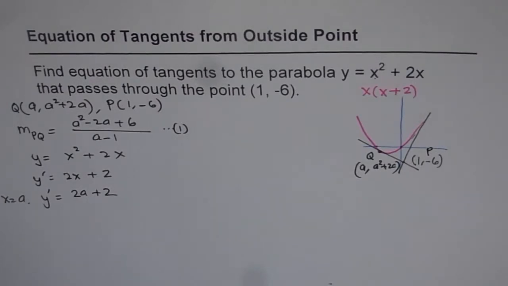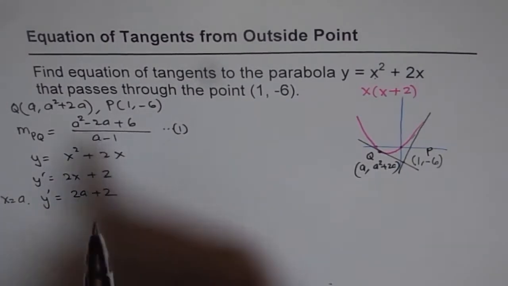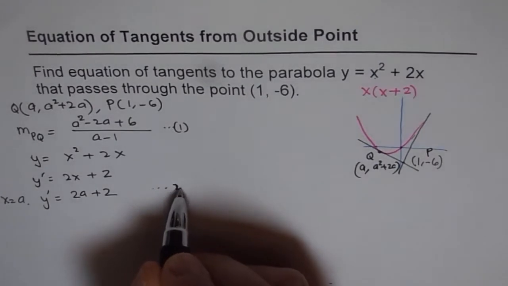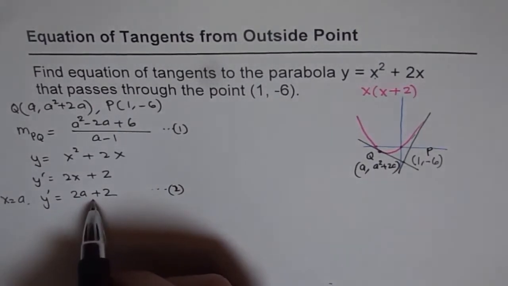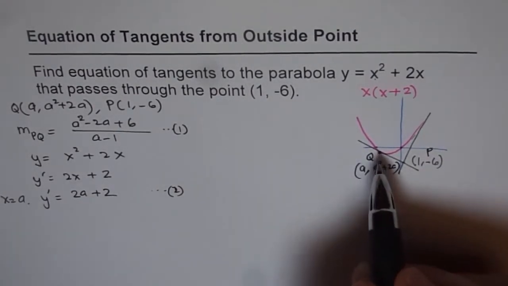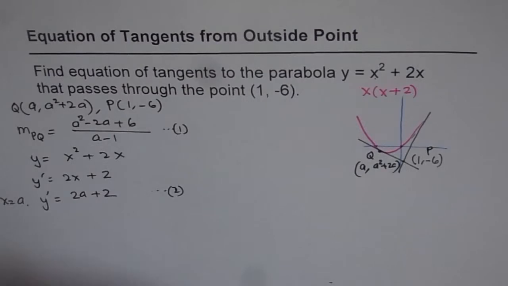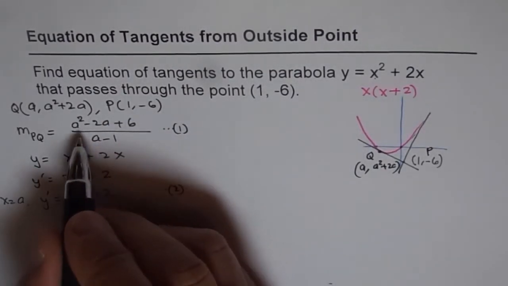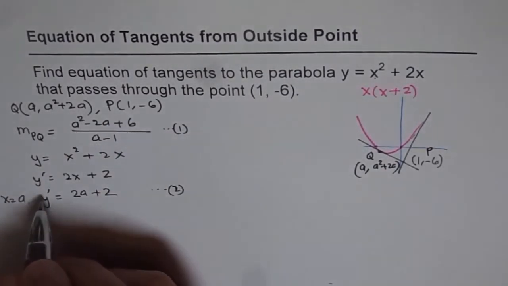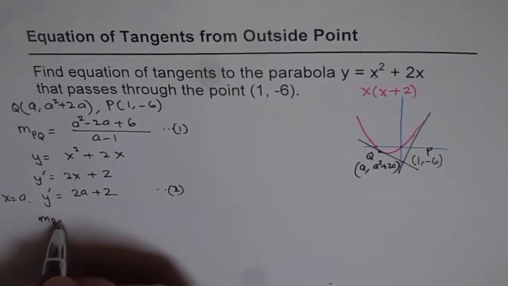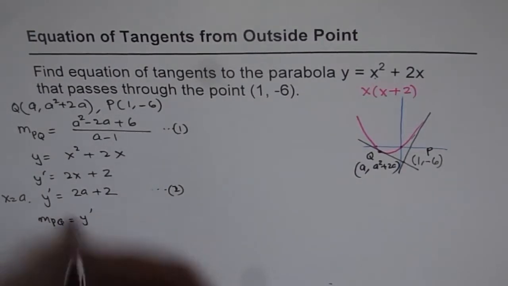Now this is the slope at any point, x equals a, on the curve. So these two should be the same, correct? So now we can equate them and then expand. So we can write the slope PQ is equal to y dash, right?